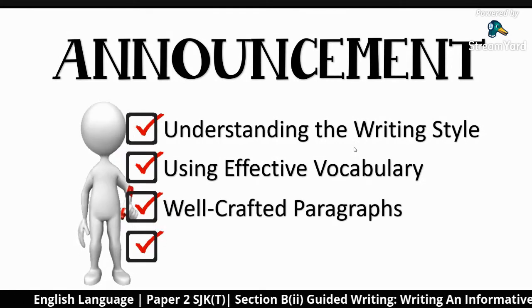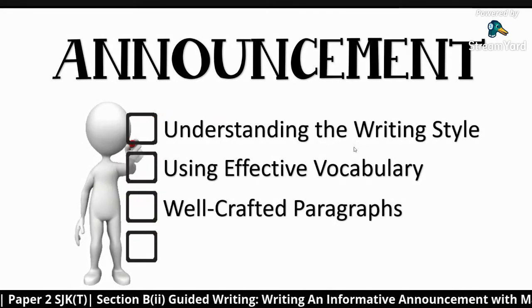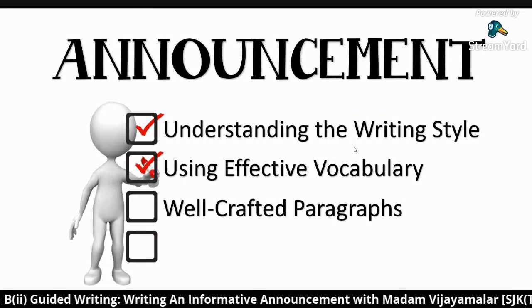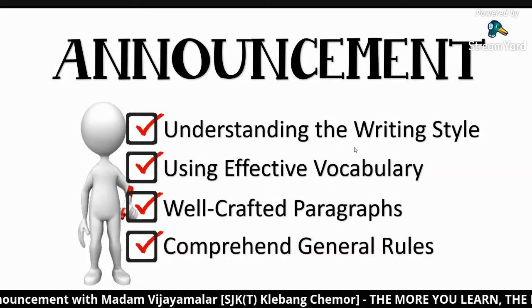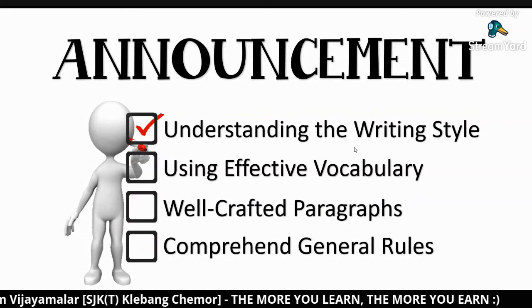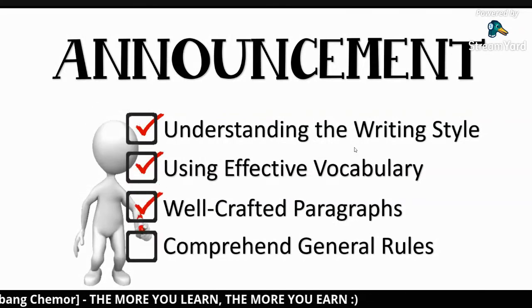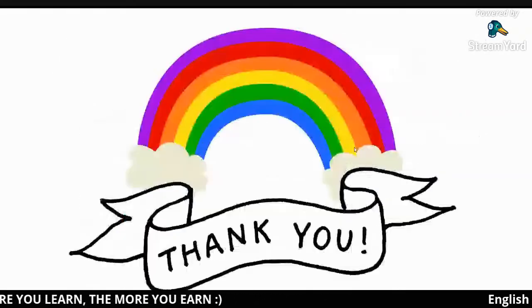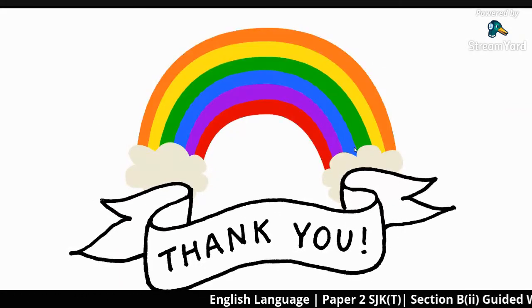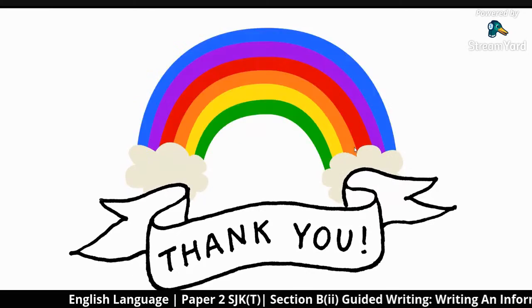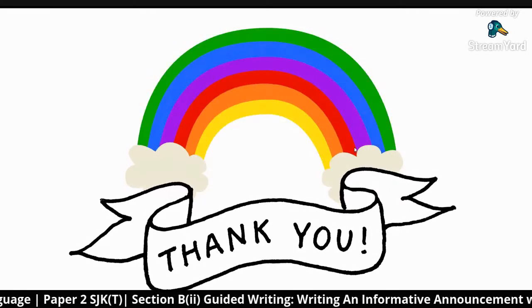And we have put all our ideas, all the information into well-crafted paragraphs. And then finally, understood all the rules that you need in writing an announcement. Okay, so I hope whatever we have done today has actually brought more good than bad for you on learning how to write an effective announcement.